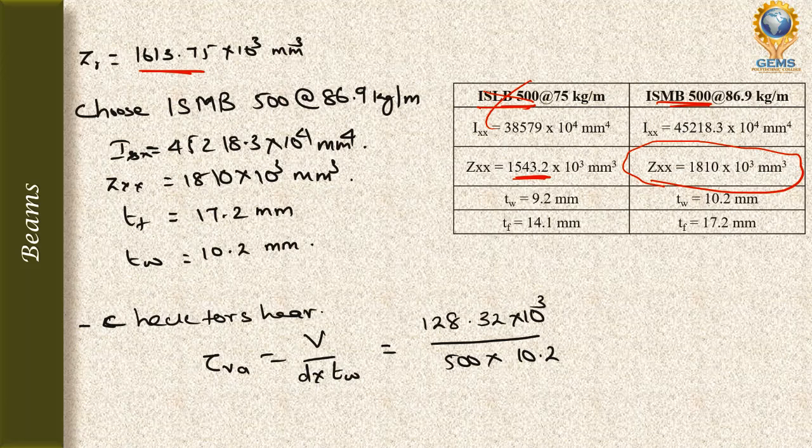So it is equal to 25.16 Newton per mm square. This is less than the permissible shear stress, that is 100 Newton per mm square, which is given in the question. So the check for shear is safe.